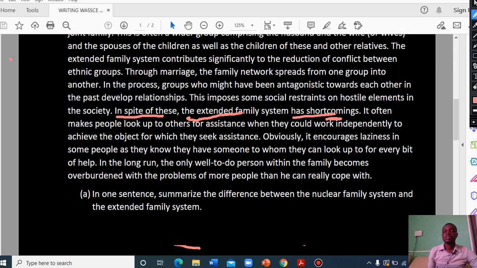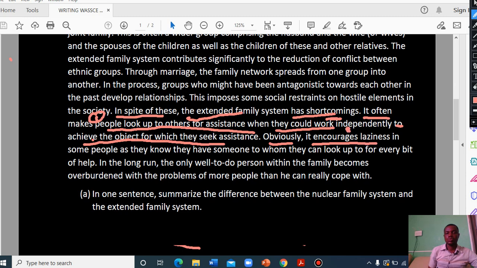Shortcomings means disadvantages. It often makes people look up to others for assistance. So 1 is here. And when they could work independently to achieve the objective for which they seek assistance, obviously it encourages laziness. So 2, we got 2 here. So we can now write our answer. We have gotten the 2 points.